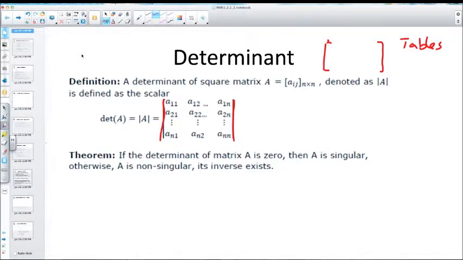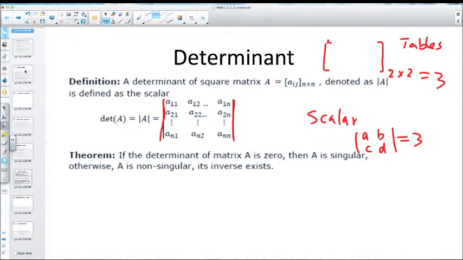Most important, the determinant is a scalar. That means your result is 3, 4, 5. You cannot let the 2 by 2 table equal 3 in any way, but you can have the determinant of A, B, C, D equal 3. You just need to realize this difference.